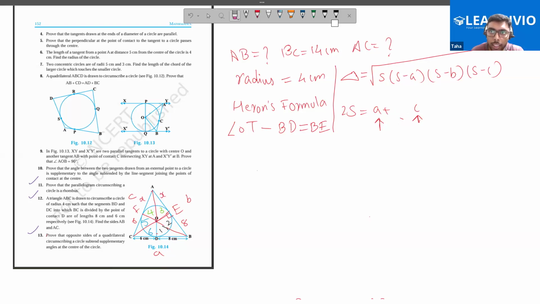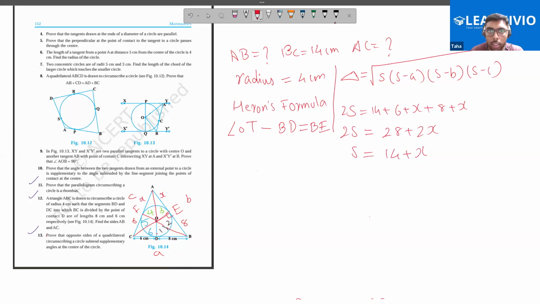So instead of B, we can write 6 plus X, and this would be 8 plus X, and A would be 14, right? So this would be the perimeter. 2S is equal to 14 plus 14, 28 plus 2x, right? S would be equal to 14 plus x, right?